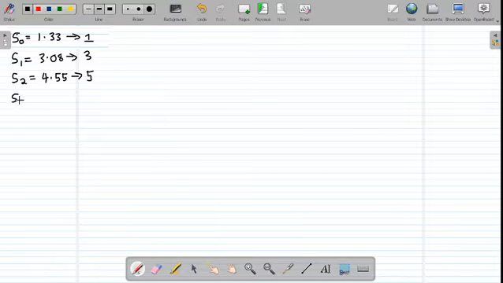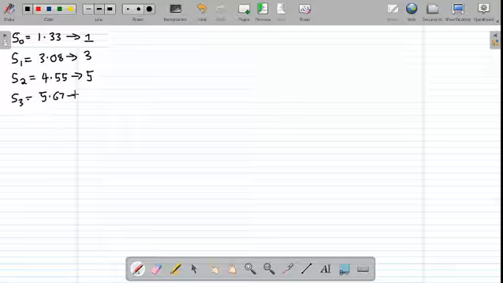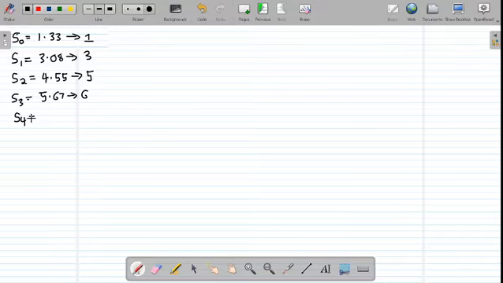S3 is 5.67, rounded off to 6. S4 is 6.23, rounded off to 6.